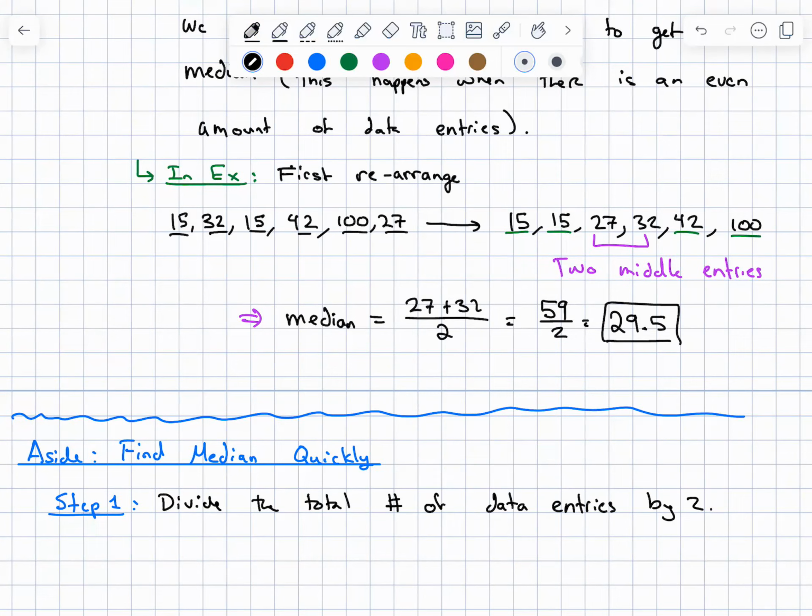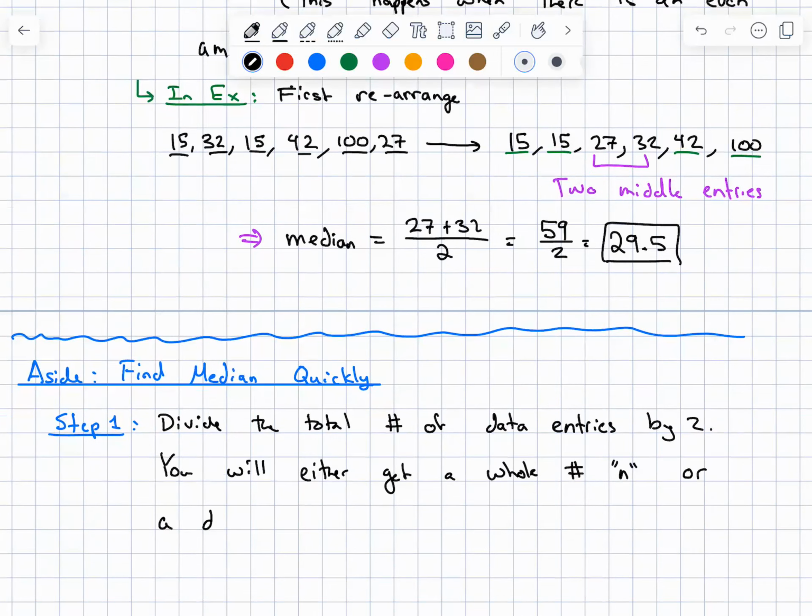Divide 6 by 2, and you will either get a whole number, n, or a decimal number, n.5.